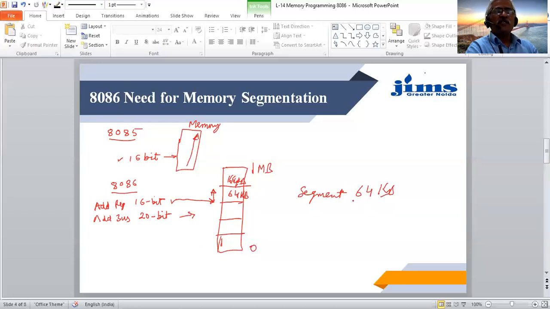And we know that 64 kilobytes can be addressed with 16-bit address lines. This was the reason that the designers of the 8086 thought it easier to address 1 megabyte of address space by segmenting the memory into logical segments.